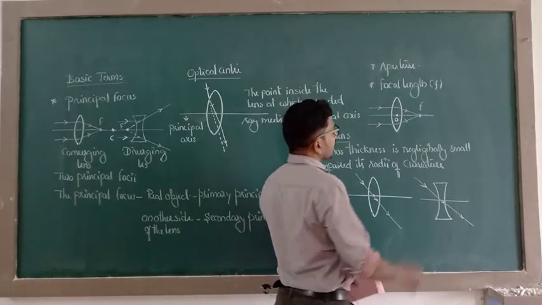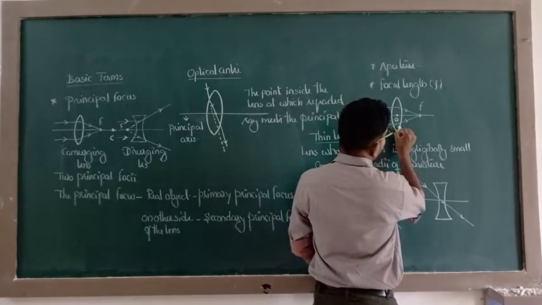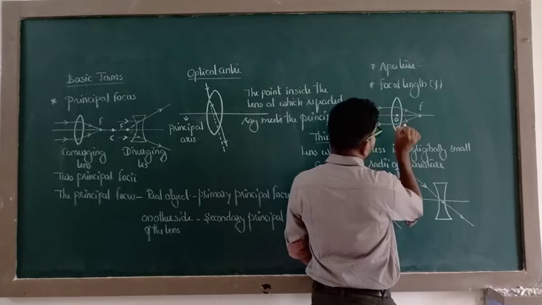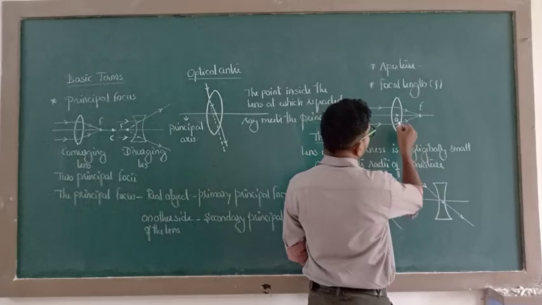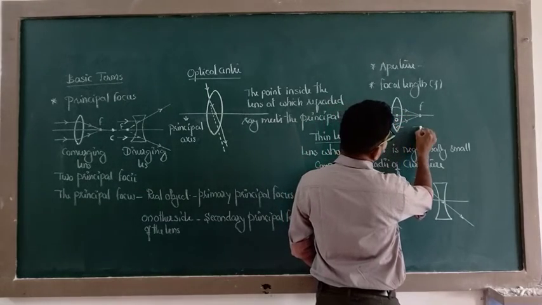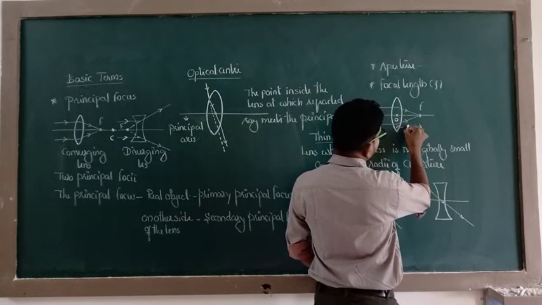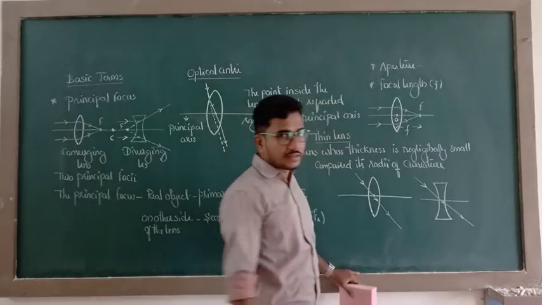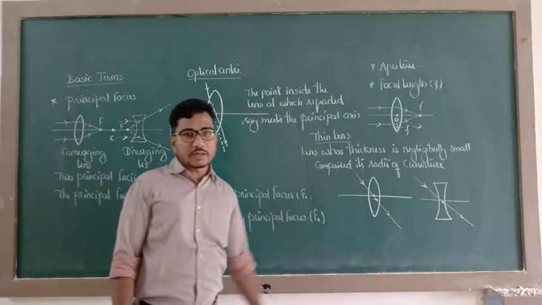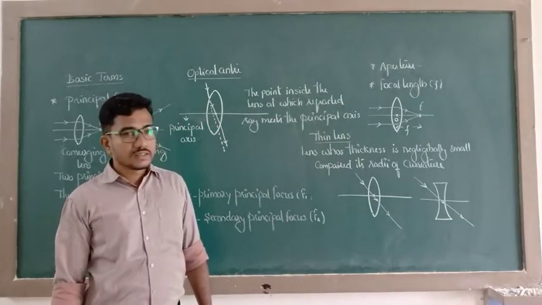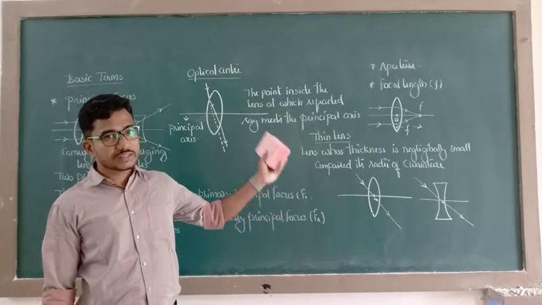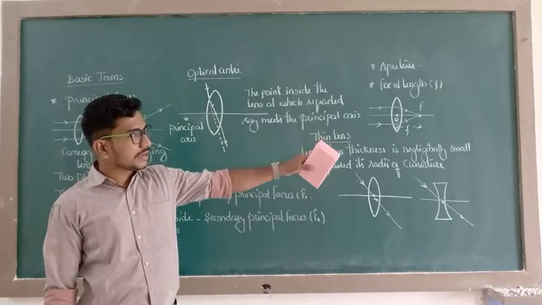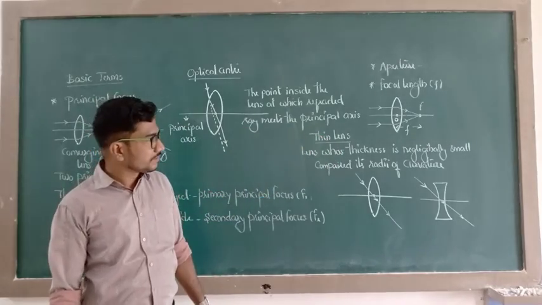In the case of a lens, this is our reference point to measure all the distances. So the distance between optical center and the principal focus is known as focal length, in case of convex, concave or any type of lenses.